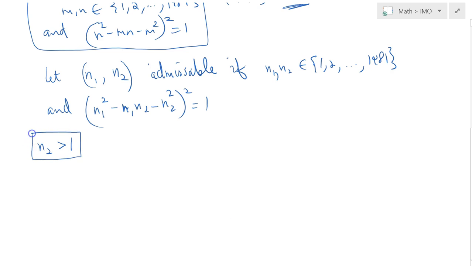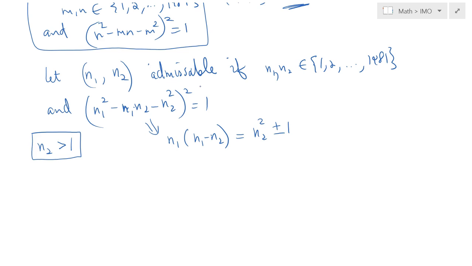So we can now investigate what will happen to this expression. We can simply work it out. We can just factor out the n1 here. We would get n1 times (n1 minus n2), and then moving the n2 squared onto the right hand side, that would give us n2 squared plus or minus 1.